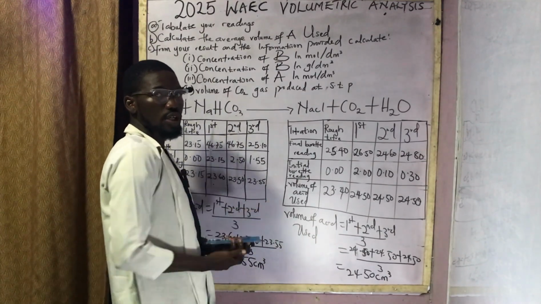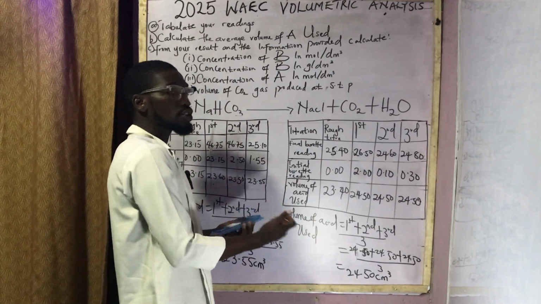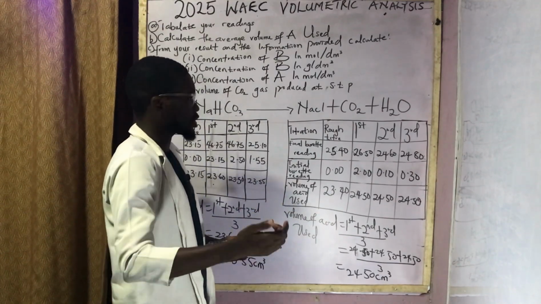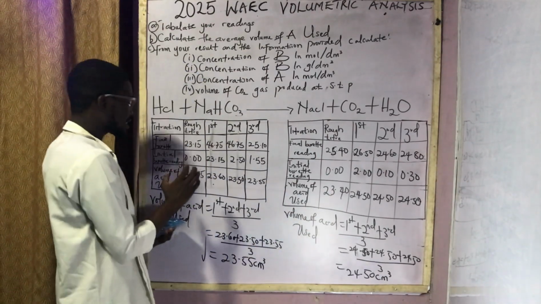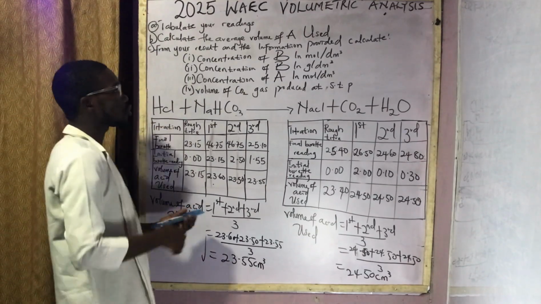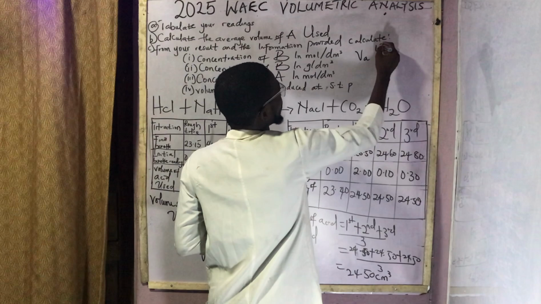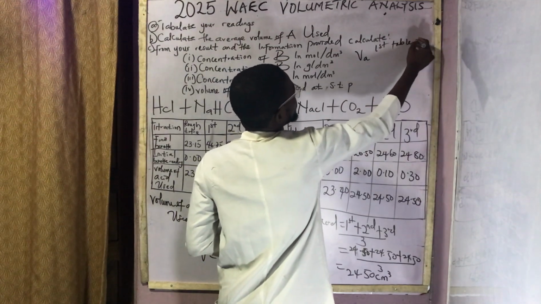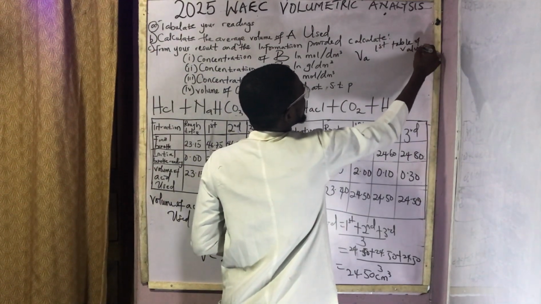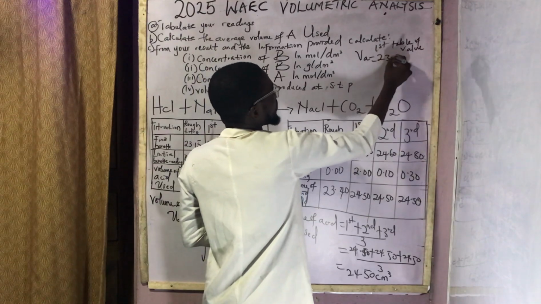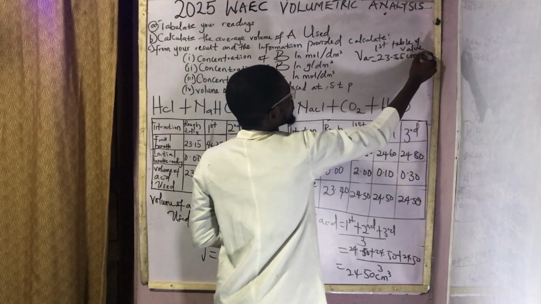So now let's make use of the first table of values. With that, we can say our VA for the first table of values is 23.55 cm cube.